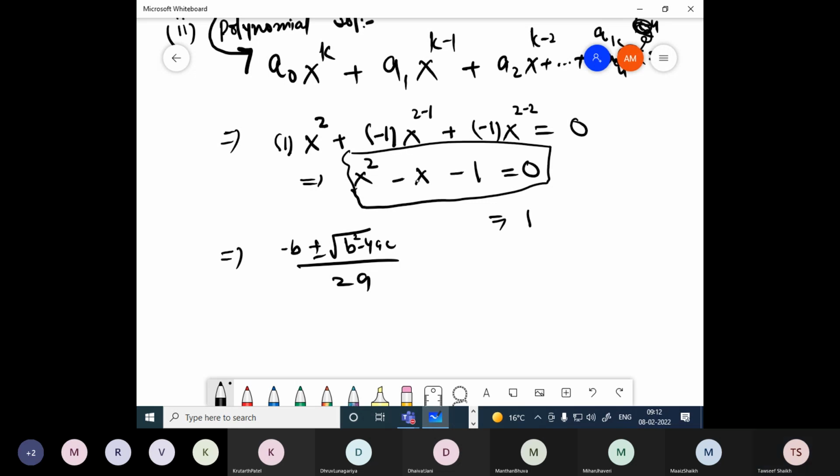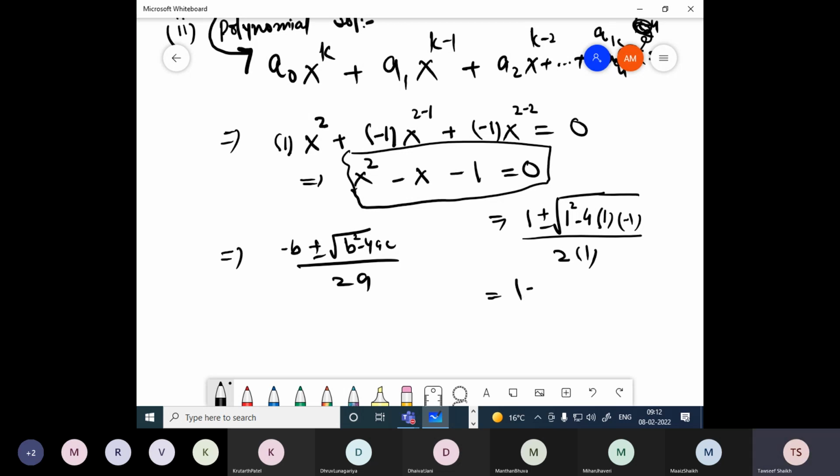The coefficient term which is attached to it, plus minus under root of b square, that will again become equal to 1 square, minus 4a means 1 and c means minus 1, divided by 2 into a, which is 1.